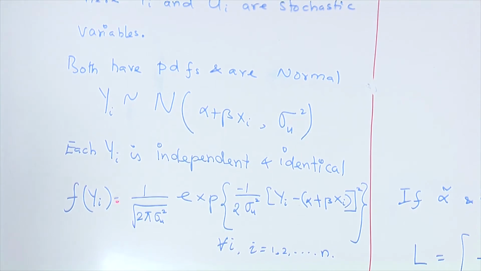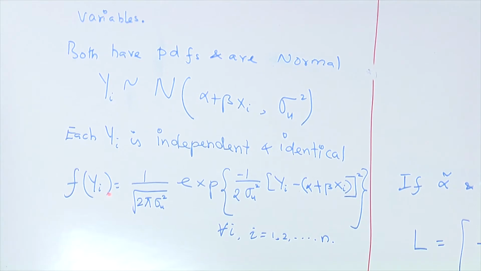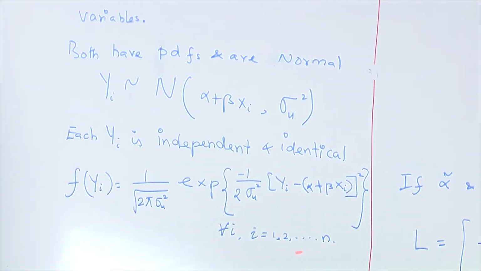In this case, the PDF may be written as f of yi is equal to 1 by square root of 2 pi sigma u square exponential of minus 1 by 2 sigma u square (yi minus (alpha plus beta xi)) whole square. So, this is the mean and this is the variance, given for every i varies from 1 to n.